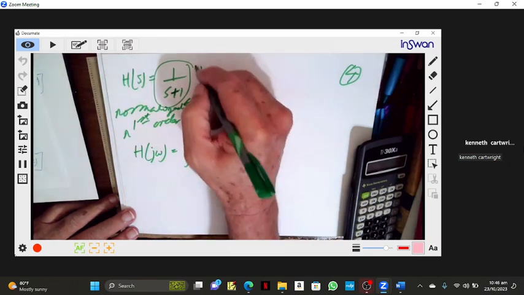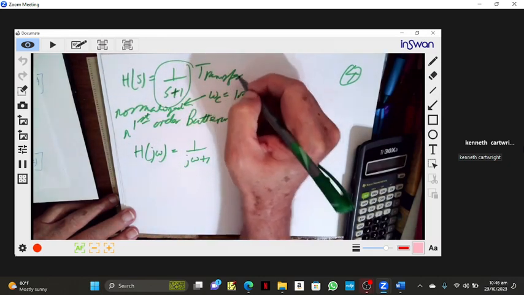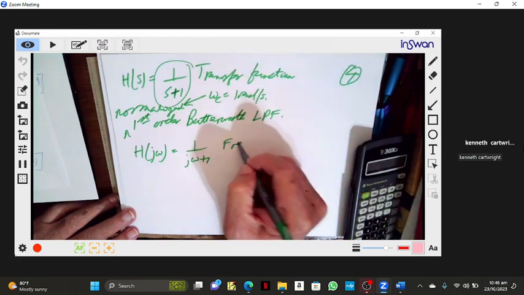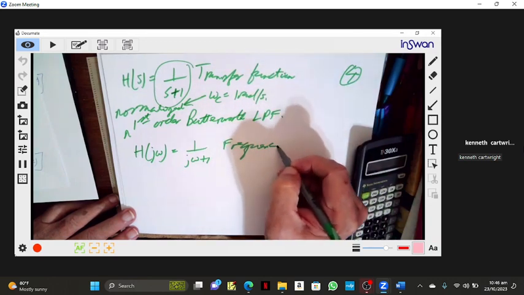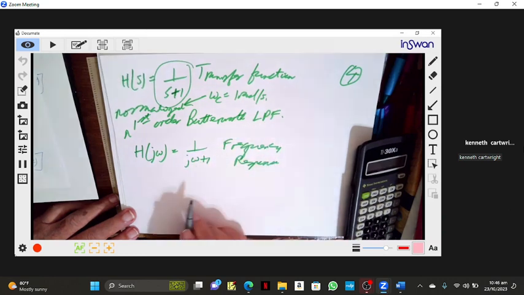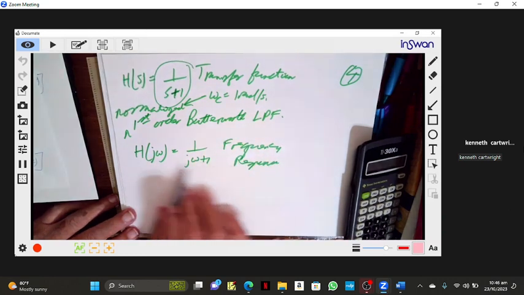That's the transfer function. This is the frequency response. See, it's telling you exactly how it's responding to frequency, to omega.